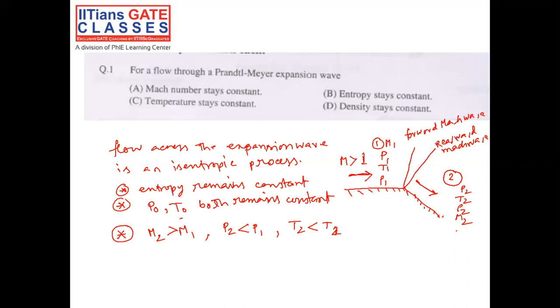So this is T1. And also the static density downstream of the flow is less than the static density upstream of the flow, right? So for this particular question, the correct answer is entropy stays constant, because density, temperature, Mach number, so this temperature is basically the static temperature. So static temperature, Mach number, density, none of them remains constant across an expansion wave.